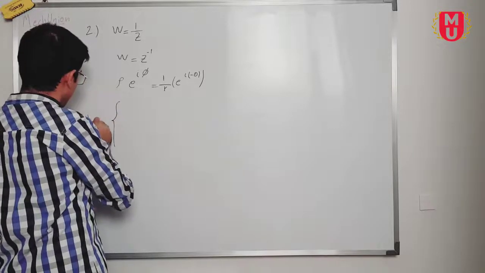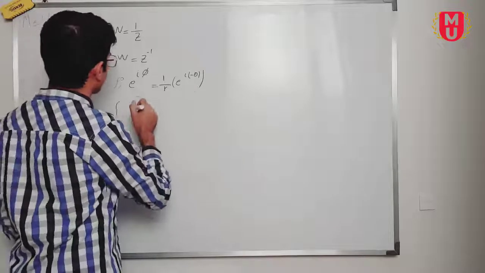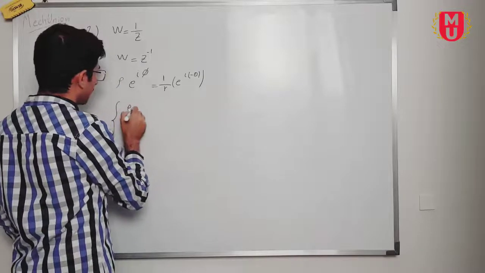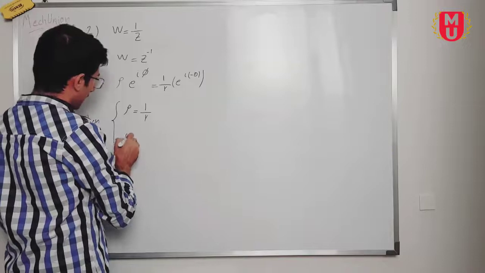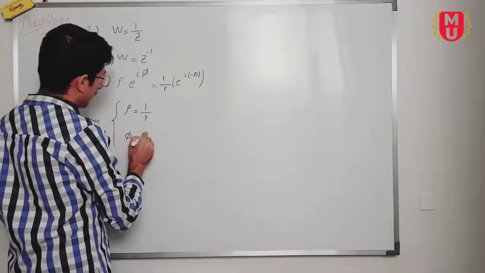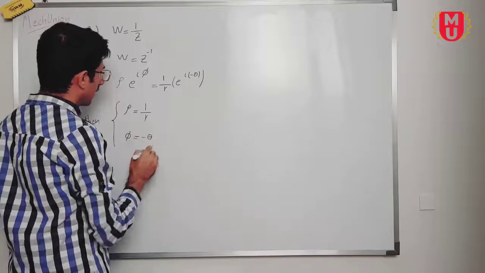Then as a conclusion, rho is equal to 1 over r and phi is equal to minus theta.